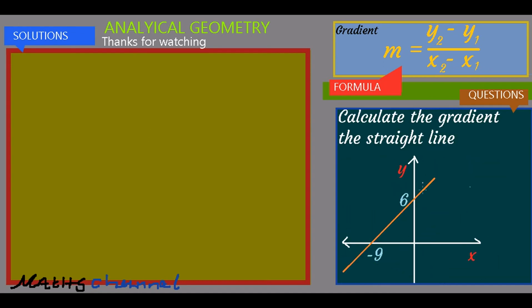This one, the point here, x is 0, y is 6. Here x is negative and y is 0. So you're finding the gradient here.